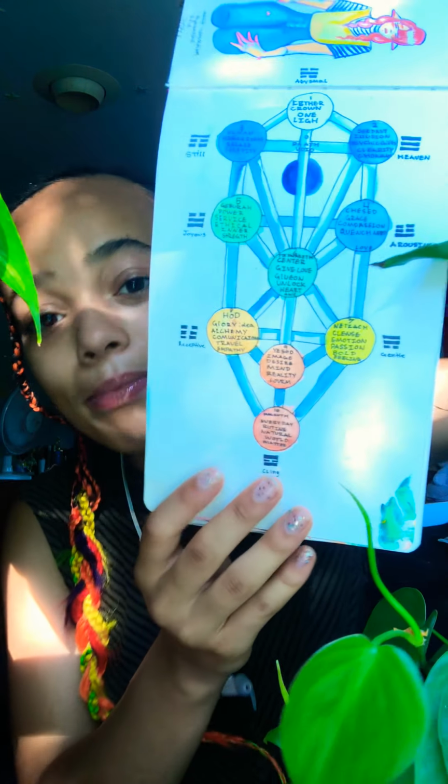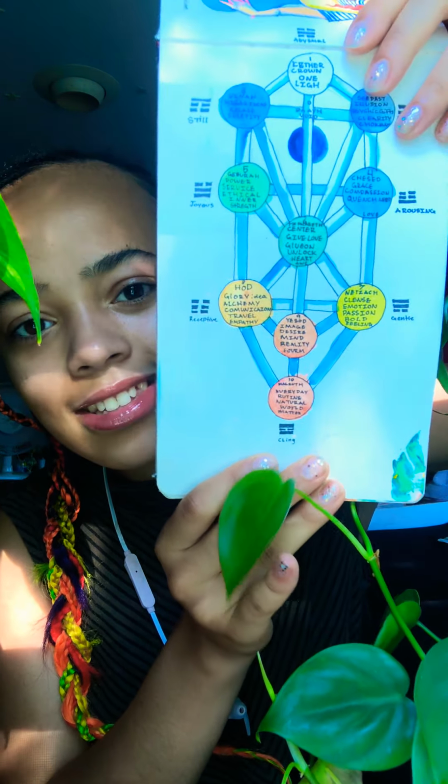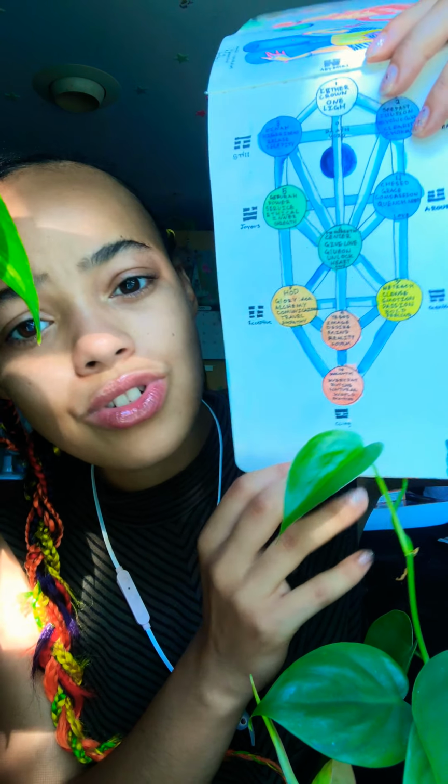So let me just hop into it. If you're familiar with the Tree of Life, this is going to be something very interesting. I painted the Tree of Life a little while ago, and yesterday I was doing some user research. I was creating a persona for my internship, and for whatever reason I thought, this is the person that you are trying to help.